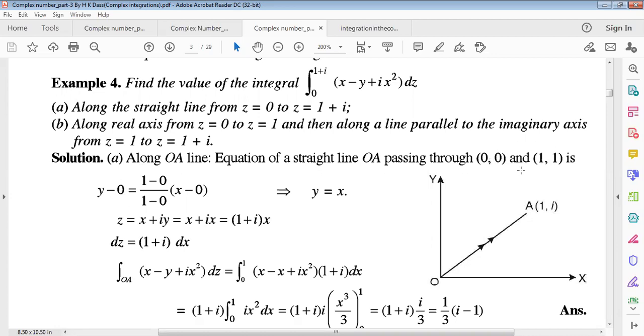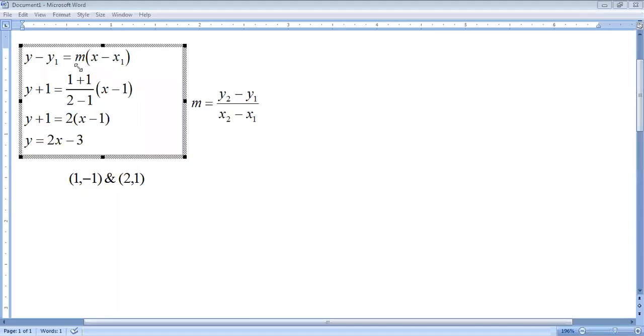Passing through these two points, using the same formula: y minus y1 equals m into x minus x1, where m is the slope of the line joining the two points, y2 minus y1 divided by x2 minus x1.